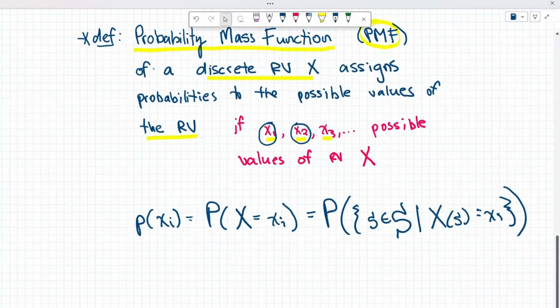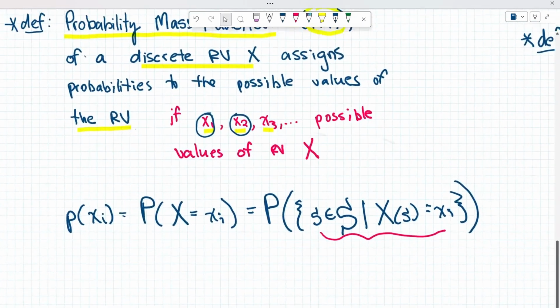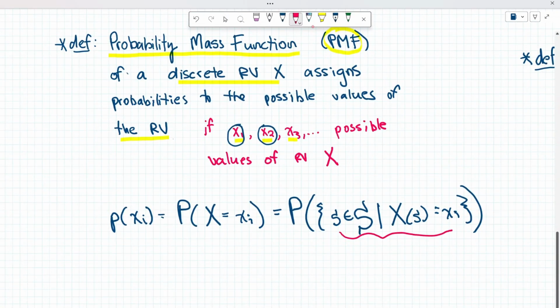Let's give a little deeper dive into what this means. This is the set of outcomes resulting in our random variable X being equal to that specific outcome.